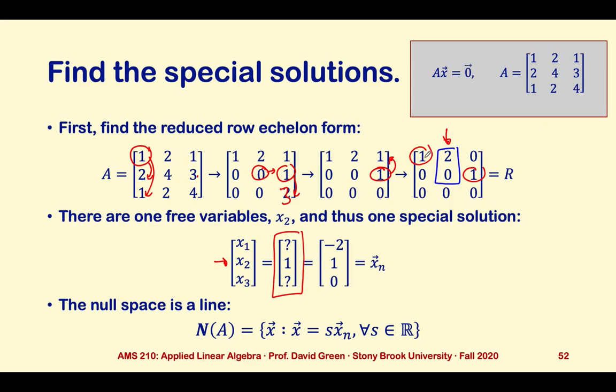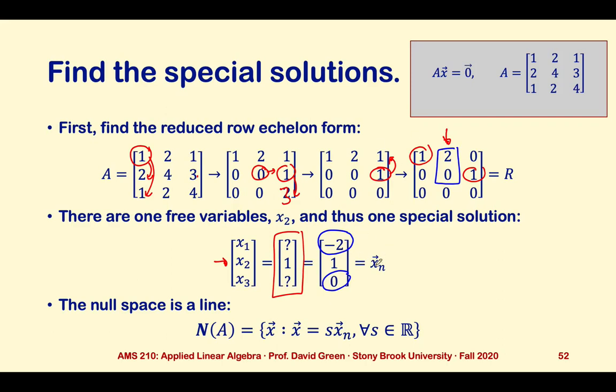The pivot in x1 has a 2, so that becomes a -2 in the special solution. The row containing pivot x3 has a 0, and so that becomes a 0 in our special solution. This vector -2, 1, 0 is the one special solution.